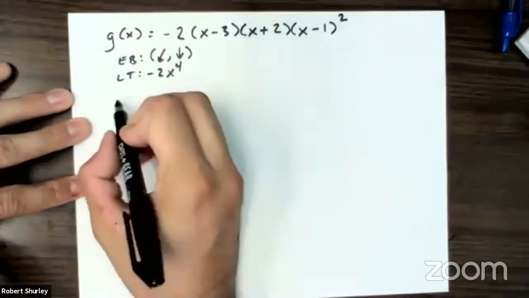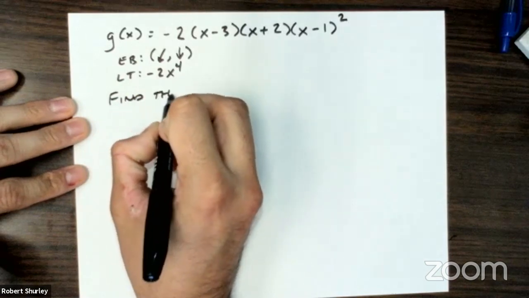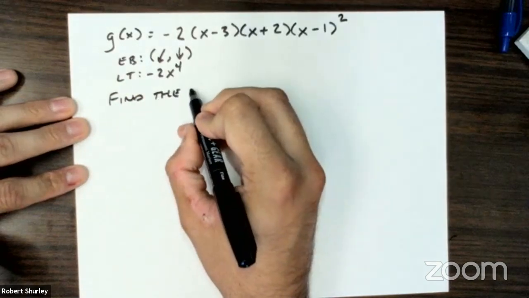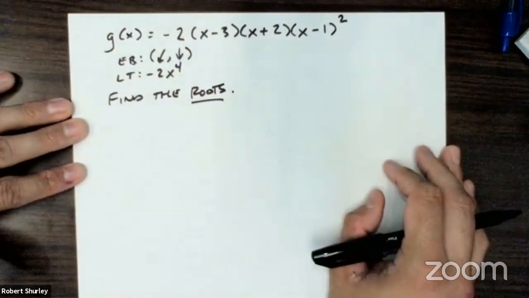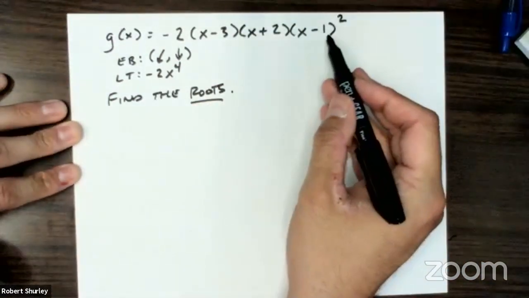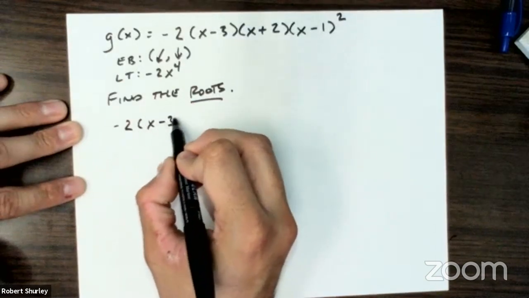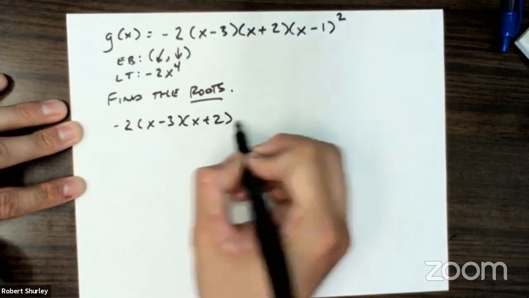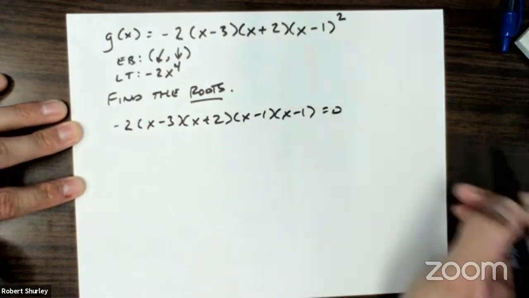But now I've got to find the roots. It's the same thing as the solutions, which is the same thing as the zeros. Now, I'm going to think of this as factored out. So it will be -2 times (x minus 3)(x plus 2)(x minus 1)(x minus 1) equals 0.